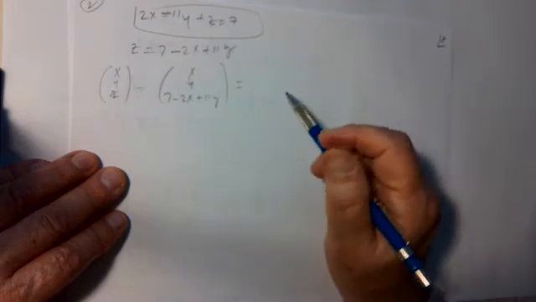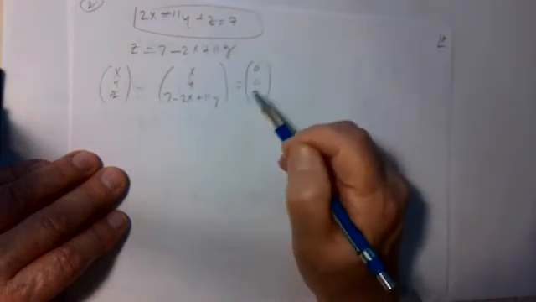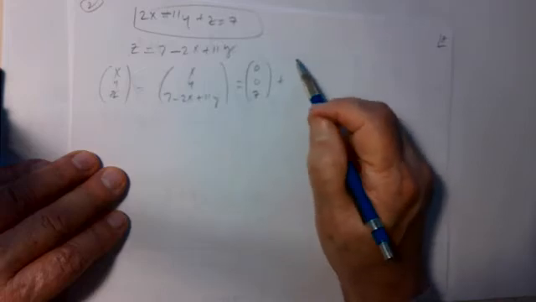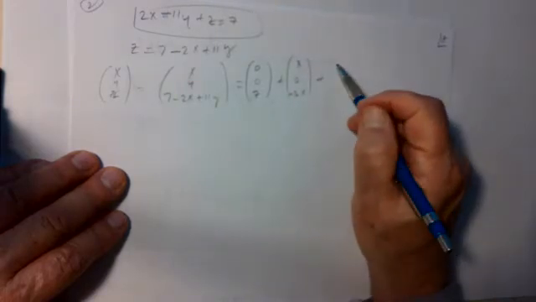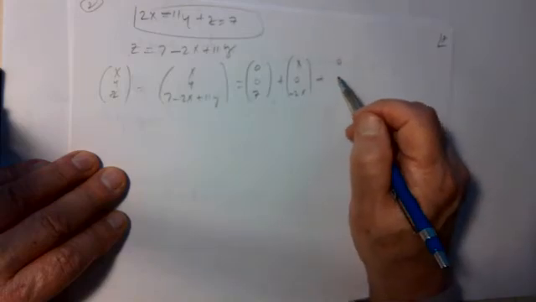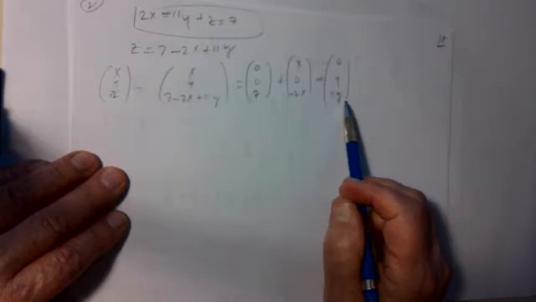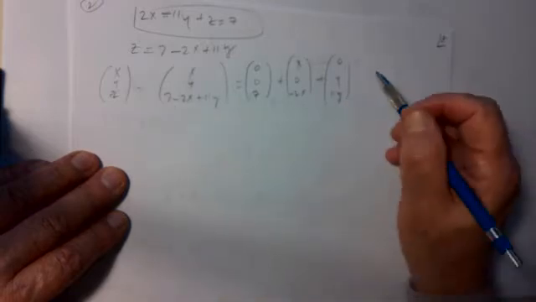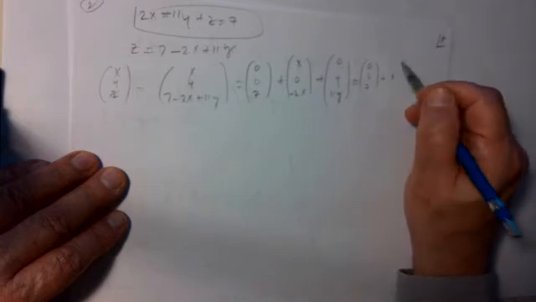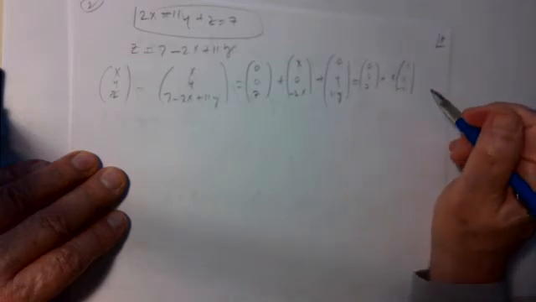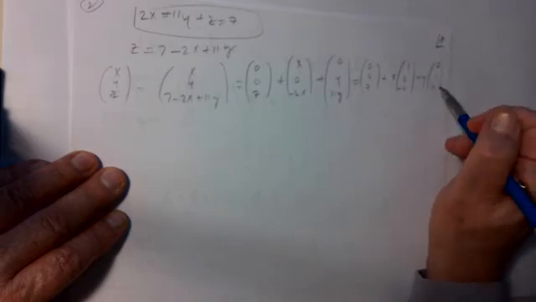But z has to be 7 minus 2x plus 11y. And if I write this in a nice way in terms of vectors, this is (0, 0, 7) plus (x, 0, minus 2x) plus (0, y, 11y). Right? Again, you add these three vectors, this is what you get. And this is (0, 0, 7) plus x times the vector (1, 0, minus 2) plus y times the vector (0, 1, 11).